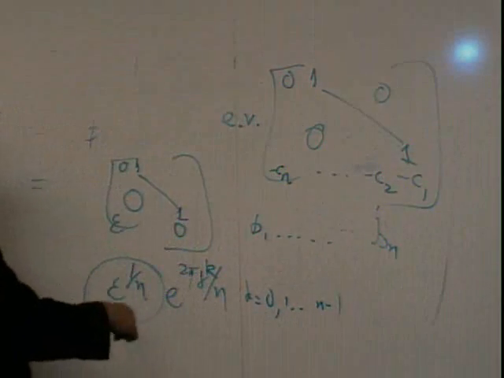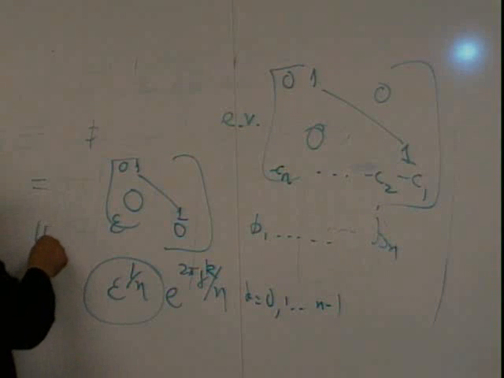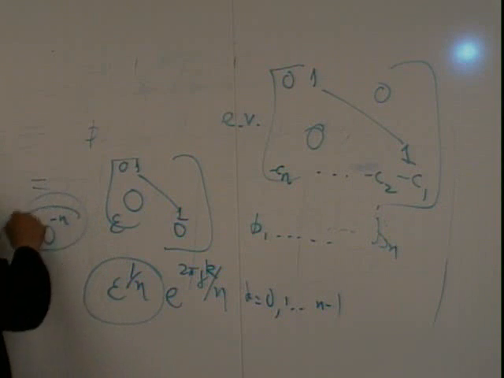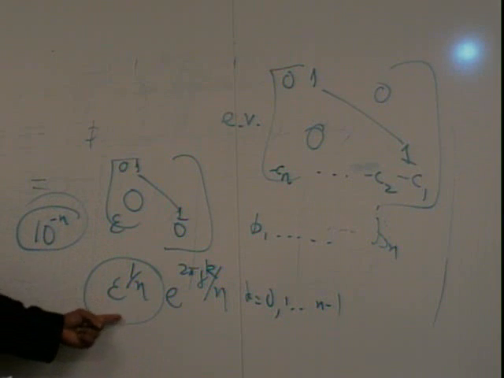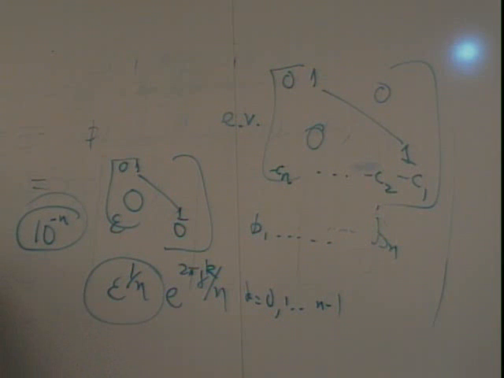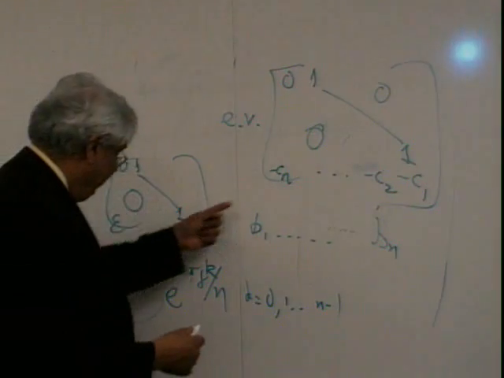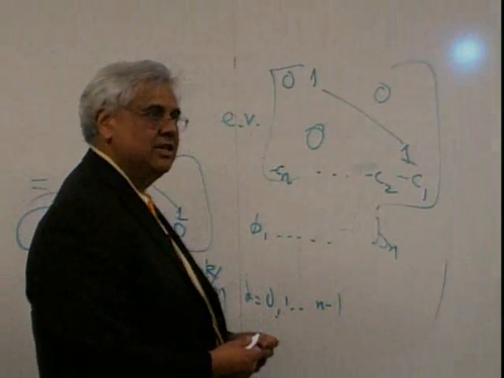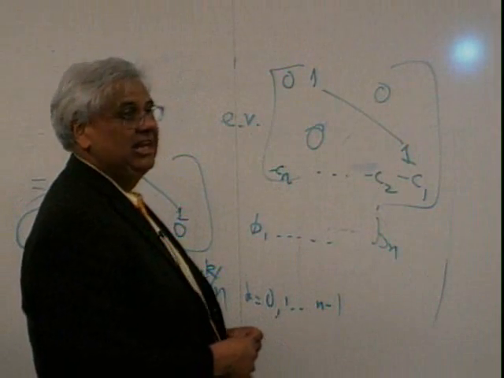So those will be the n eigenvalues of this. And the problem is, even if epsilon were 10 to the minus n, which is presumably a small entry, epsilon to the power 1 over n would still be 0.1, which could be a substantive entry. So the computation of the eigenvalues of matrices like this is likely to be ill-posed.